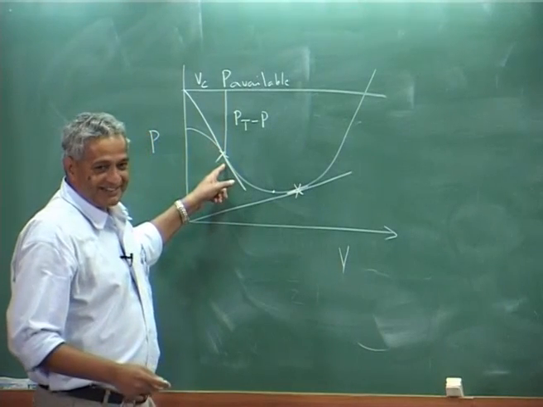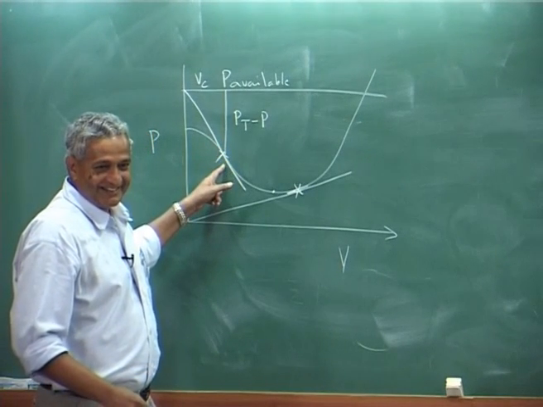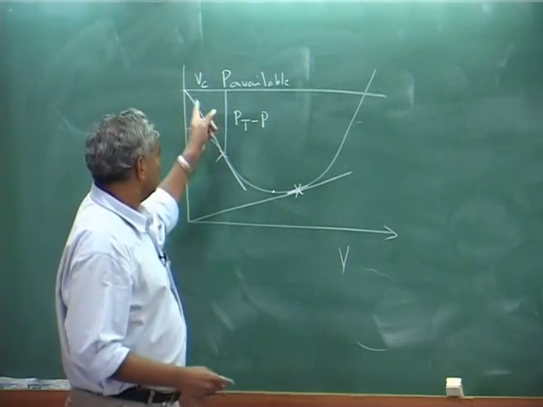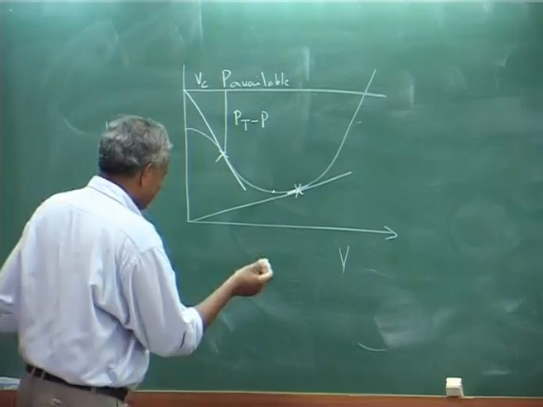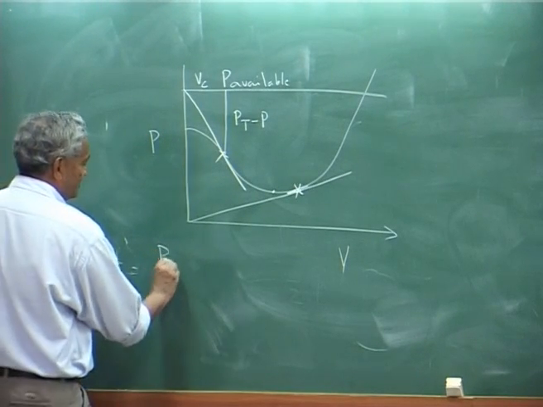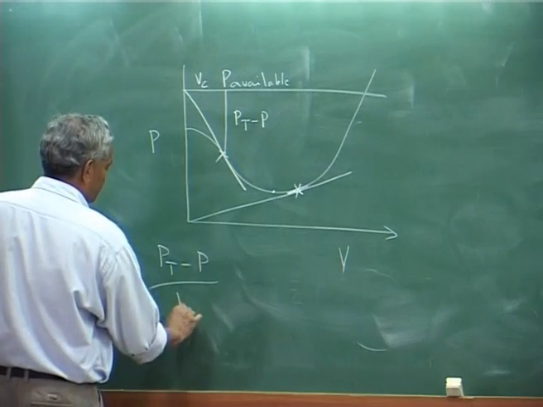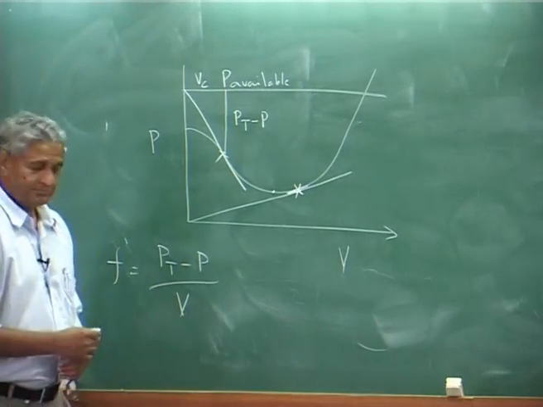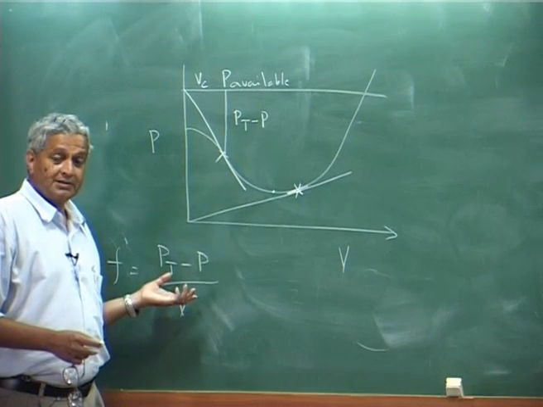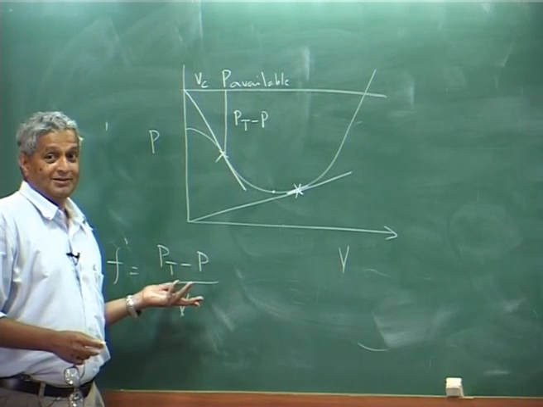So the slope of that is basically the tangent of that curve. If you draw, that comes from this expression. You take a function which is Pt minus P, and you want this to be what?